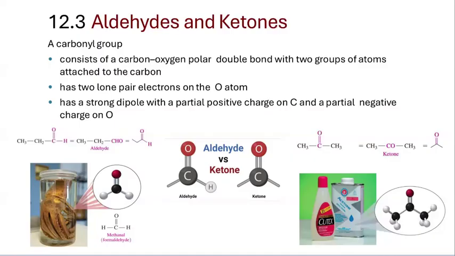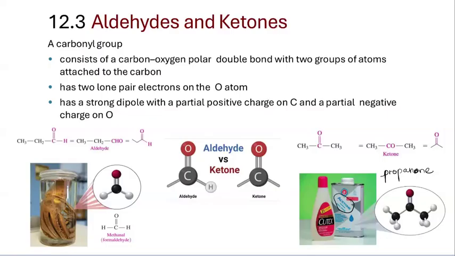It is known as propanone, and its common name is acetone, as you can see in the container. Acetone is a very common solvent in organic chemistry.